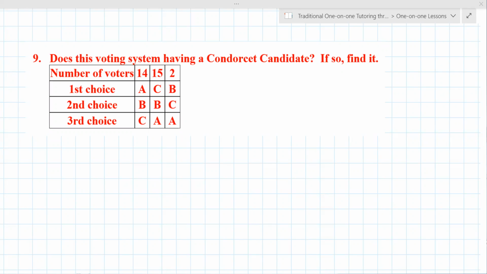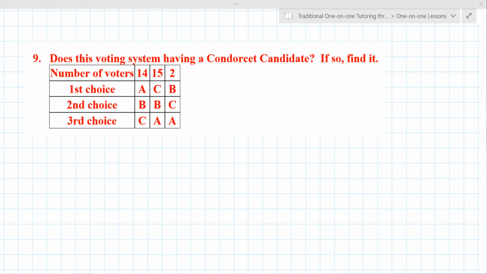If we compare just H and R, 49 people prefer R to H, 51 prefer H to R. But where are those numbers coming from?